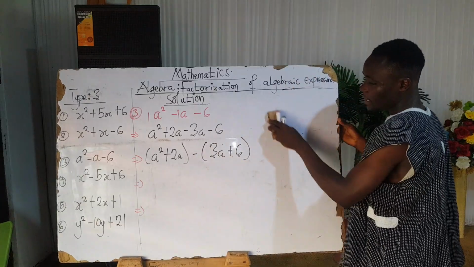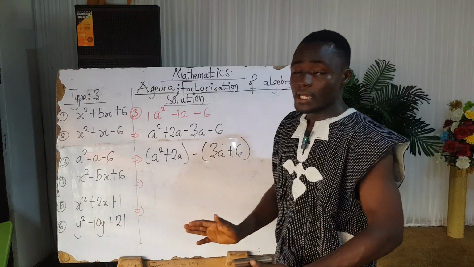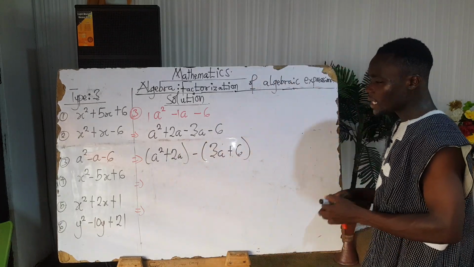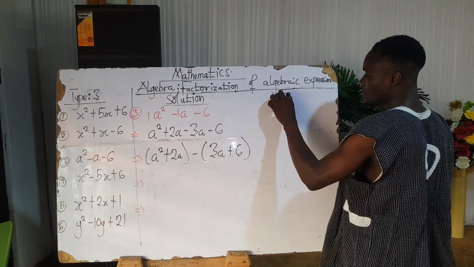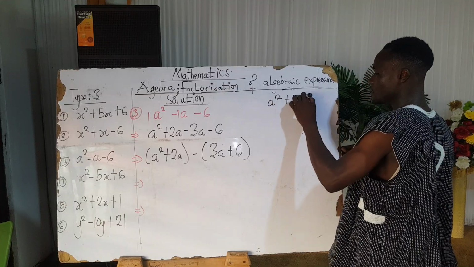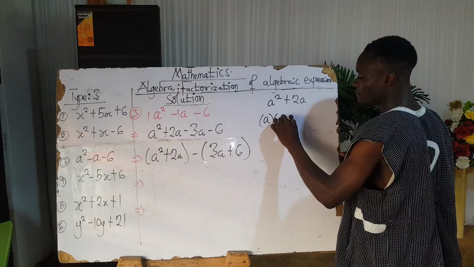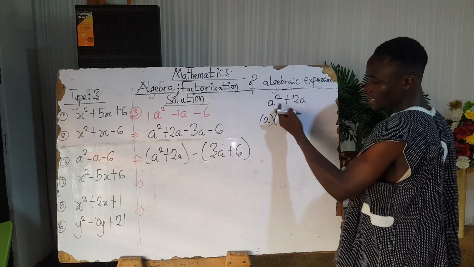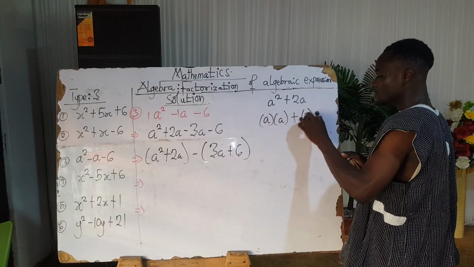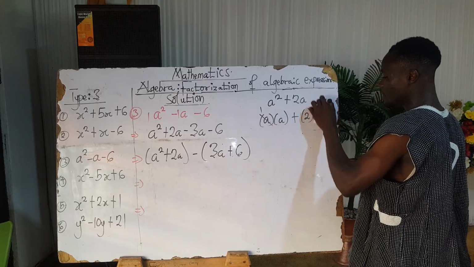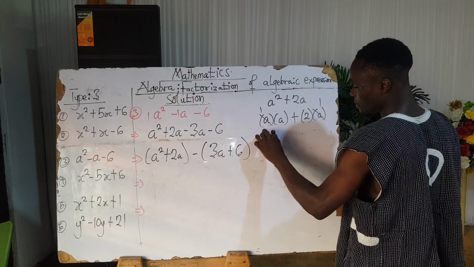Very good. So after bracketing it like this, our next step is to factorize this and factorize that. Are you following? So we pick a squared plus 2a, and factorize it using the idea of expansion. a times a gives us a squared, and 2a has a too. Identify the common term: a is here, a is there, so a becomes the common term.